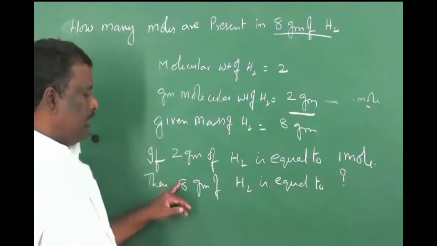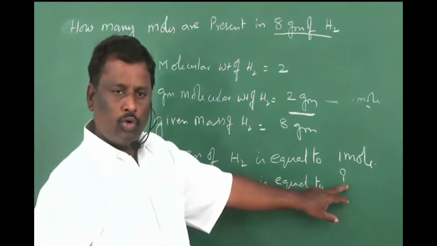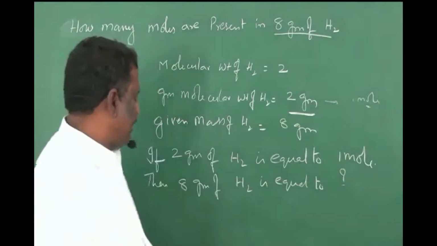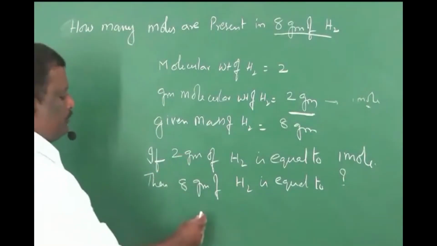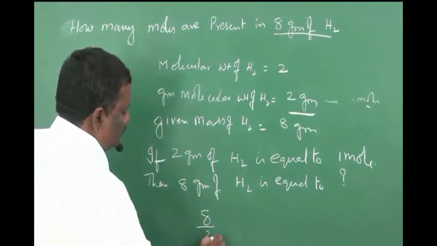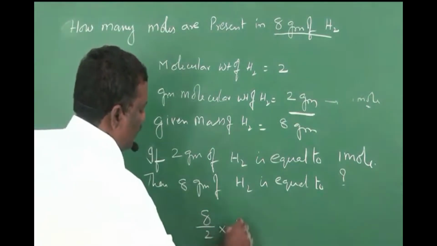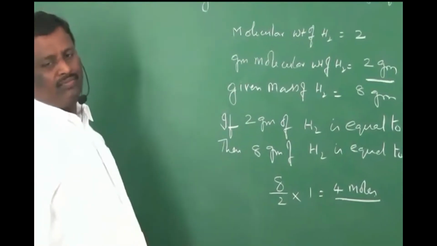Naturally, the number of moles will be more than 1. That's why 8 by 2 into 1, that is equal to 4 moles. So 8 grams of hydrogen will be equal to 4 moles.